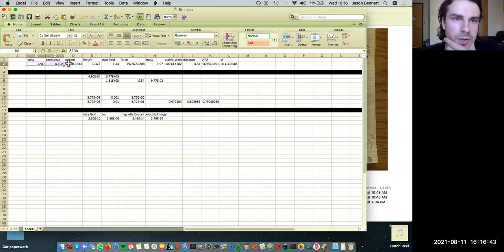So volts, got my current, got my length, magnetic field. I multiply all those to get the force, and then I have the mass, and I divide the force by the mass to get the acceleration, which is this thing.